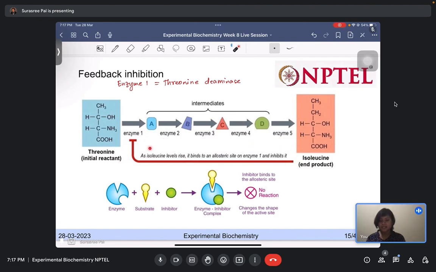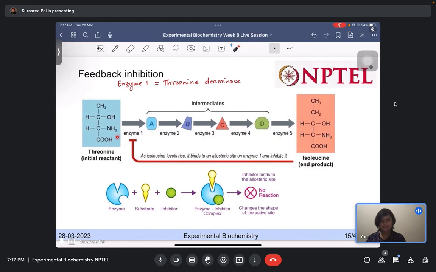So the first enzyme is actually called threonine deaminase. So it causes deamination of threonine, right? So from threonine, by the help of these several enzymes 1, 2, 3, 4 and 5, there are 5 enzymes in this pathway, the threonine is sequentially converted to become isoleucine.